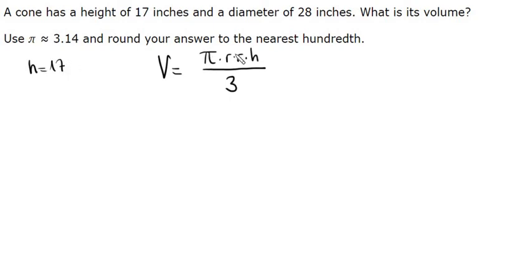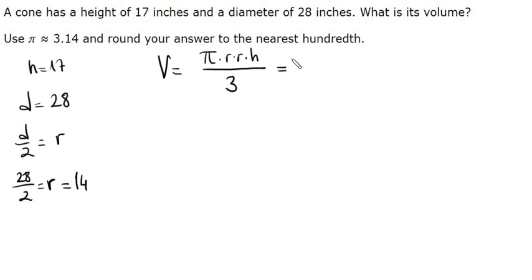We know the height, we know the pi, we don't know the radius, but we know the diameter. The diameter is 28. Let's remember, diameter divided by 2 is the radius. So the radius is half of the diameter. 28 divided by 2 is 14. So the radius is going to be 14. Okay?